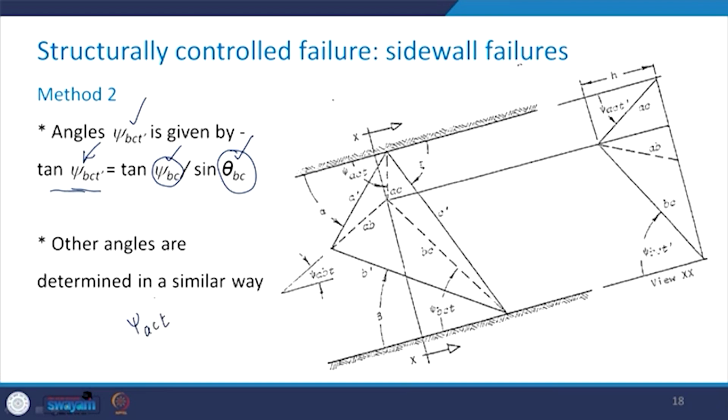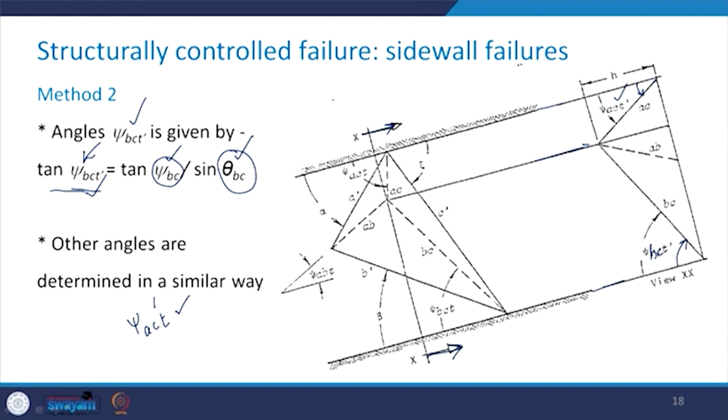psi ACT prime. Now once I know this and this, I can take the projection of these points in the XX direction and draw a line having an angle psi ACT prime in this manner and psi BCT prime in this manner.